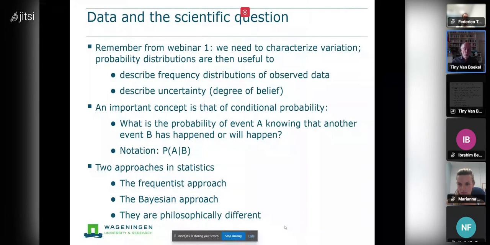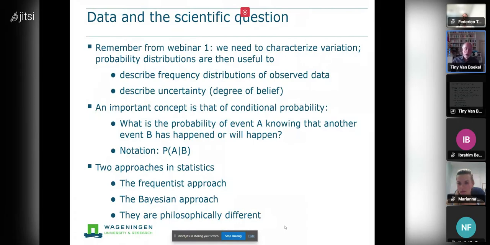But it is also a useful tool to visualize uncertainty, or if you want, the degree of belief that you have in certain phenomena, especially phenomena that are not observed yet. I gave the example of predicting the weather of tomorrow. You can do that, but you have no data, so it is a degree of belief.